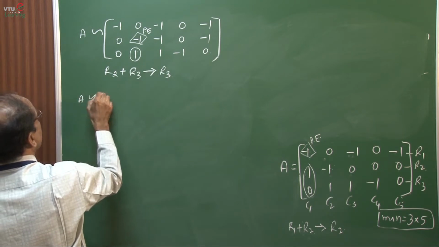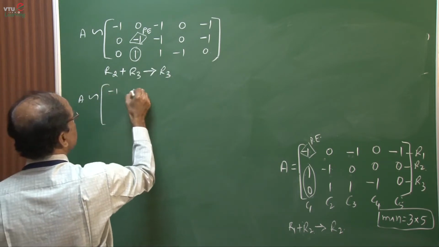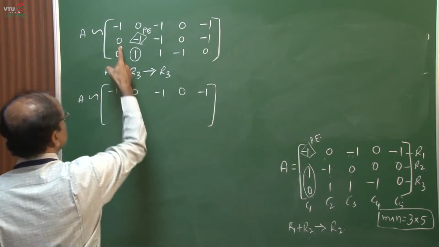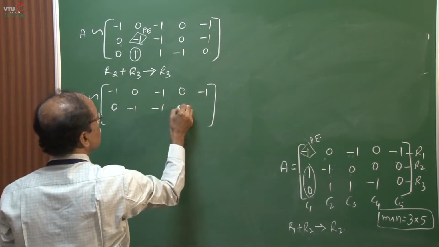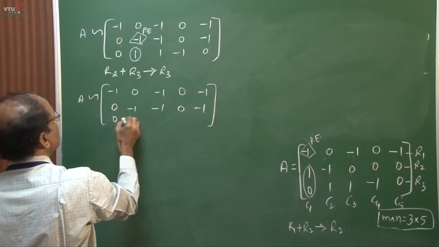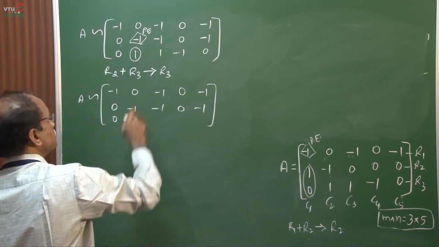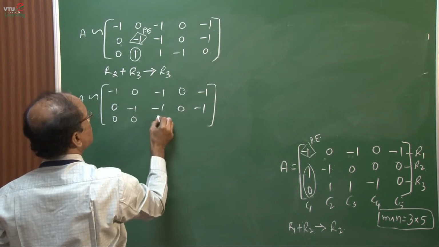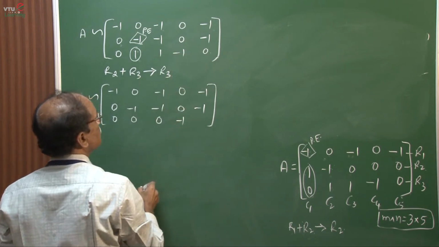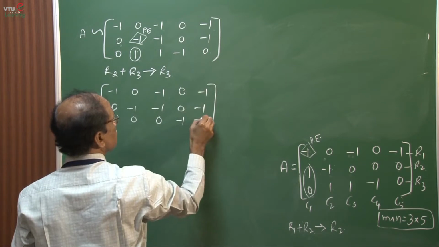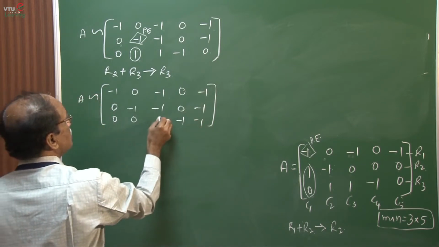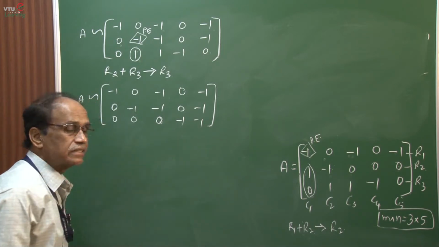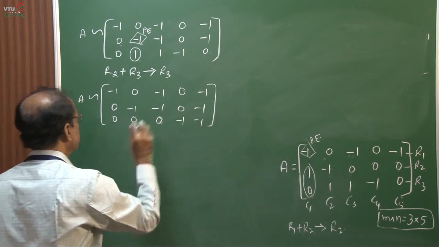Then A is equivalent to the matrix with rows minus 1, 0, minus 1, 0, minus 1, 0; 0, minus 1, minus 1, 0, minus 1, 0; and 0, 0, minus 1, minus 1 from R2 plus R3. Therefore, the last row is not completely containing all the elements as 0, so we don't call it a 0 row.